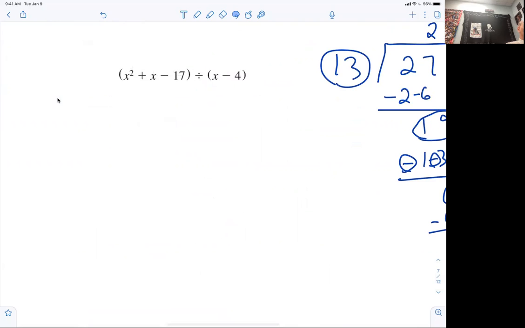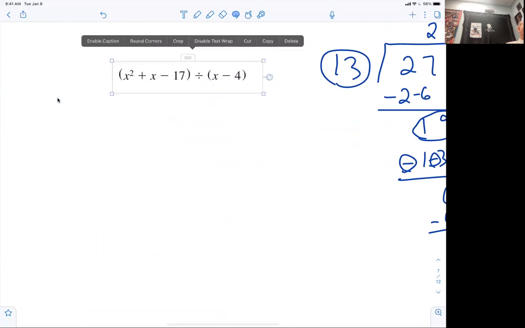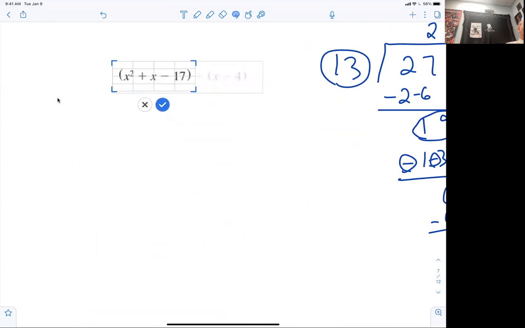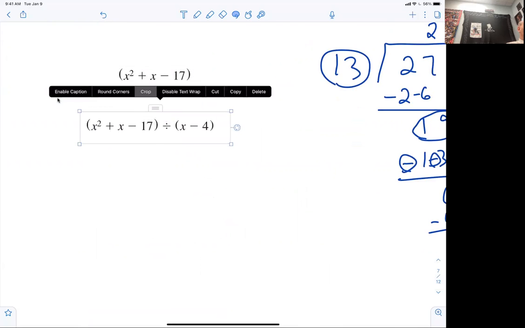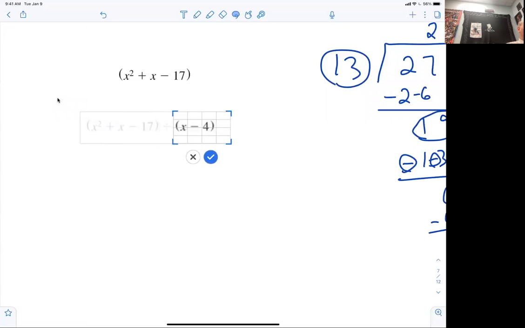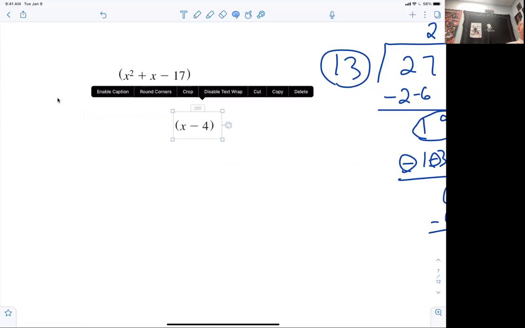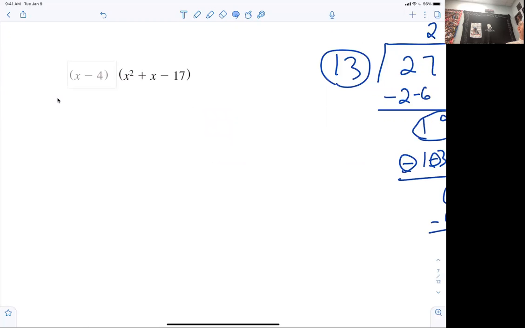We're going to set it up as a division. So it'll look like this, except I technically don't need the parentheses. Again, it's really, really simple.